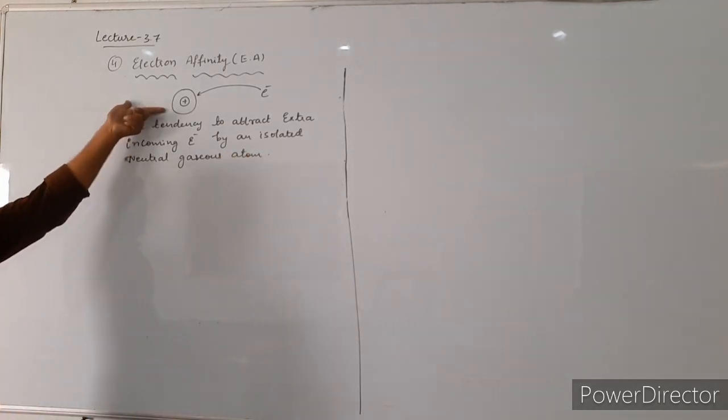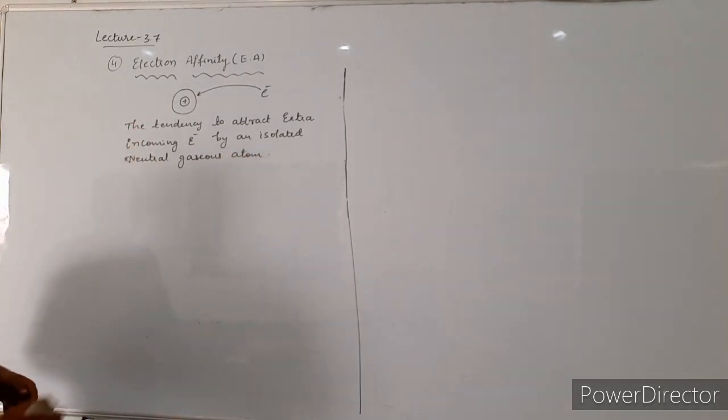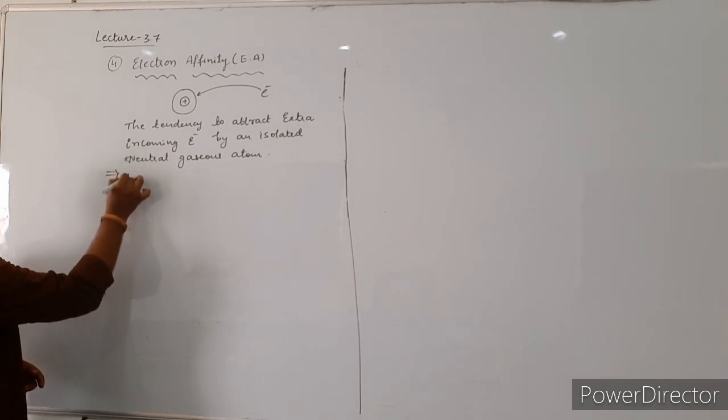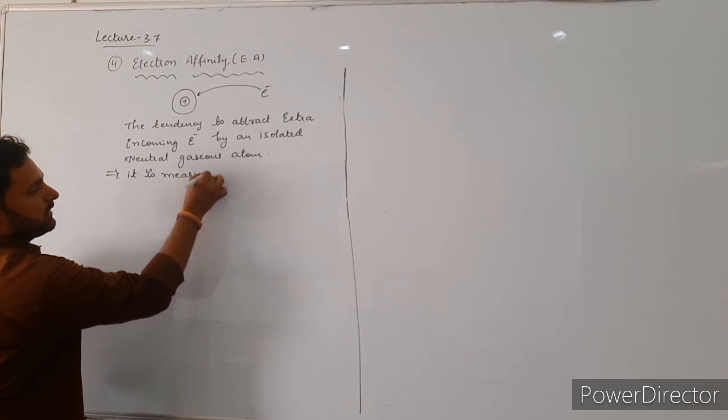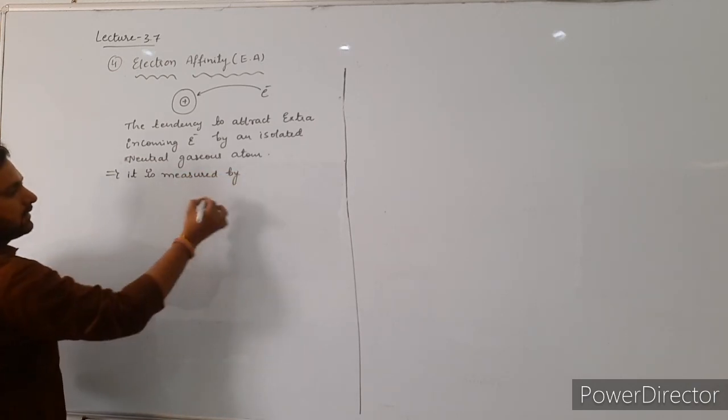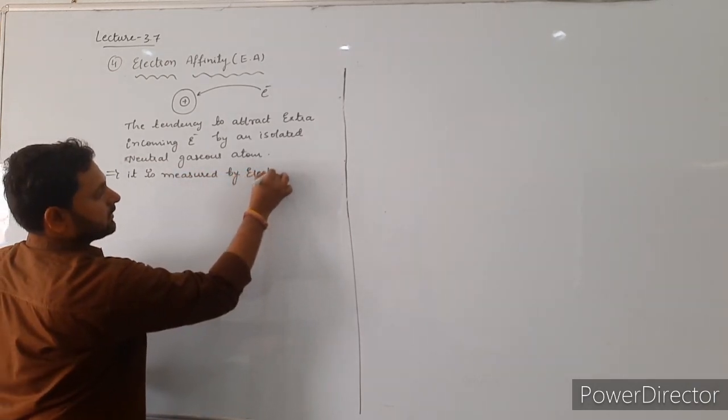The electron affinity is measured by electron gain enthalpy.